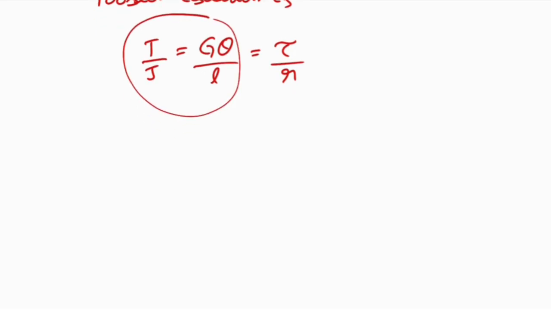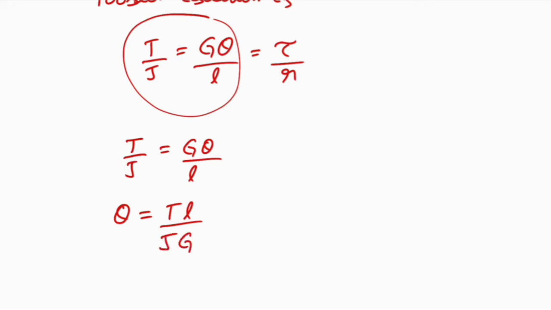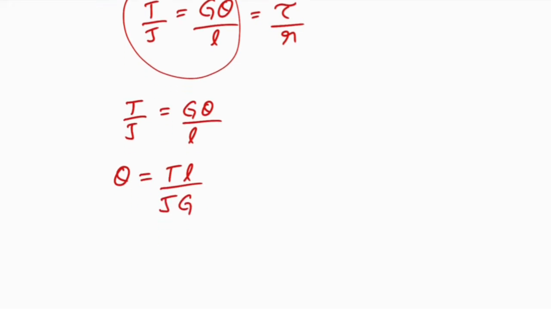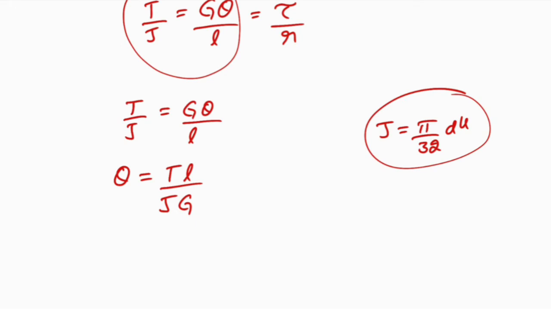Take that relation, T by J equal to G theta by L, or angle of twist theta equal to TL by JG. Since it is asked relation between the theta and diameter, you know J equal to pi by 32 into d power 4.